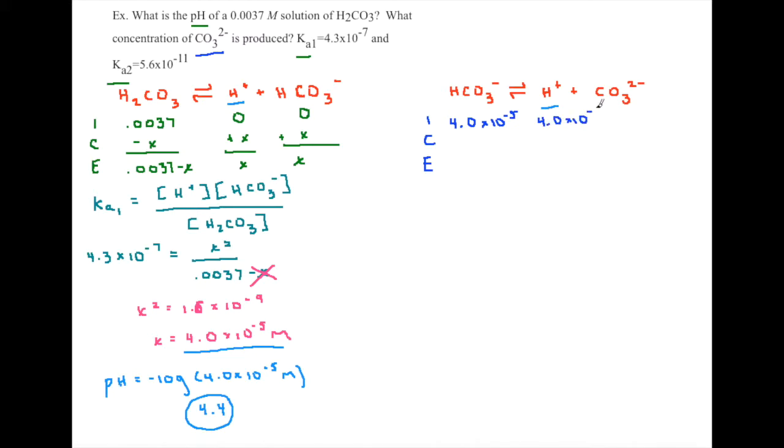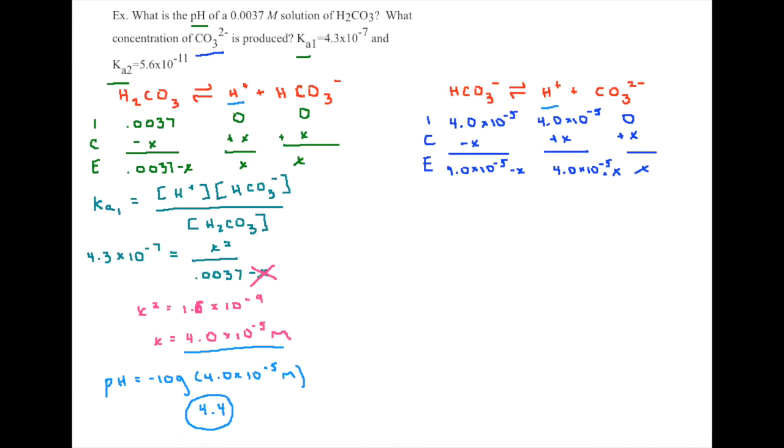And I know my initial concentration of carbonate is 0 molar. So I'm going to subtract X from here. I'm going to actually add X to here. So this is new. Add X here. So I end up with 4.0 times 10 to the negative 5th minus X here, 4.0 times 10 to the negative 5th plus X here, and then this is just X.